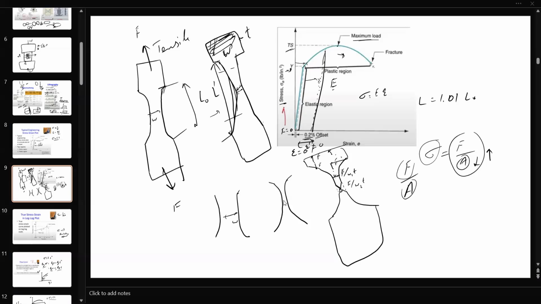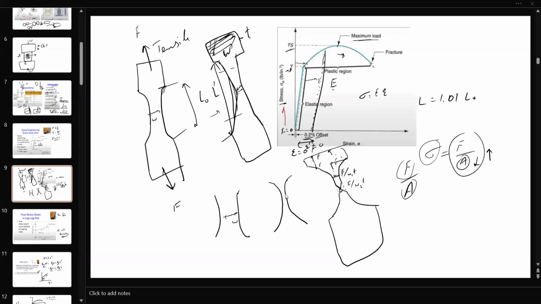So as the area is decreasing, since the force is the same, the stress inside this neck region keeps on increasing, and even if you decrease the load, there is still plastic deformation taking place, and the sample will start to break.